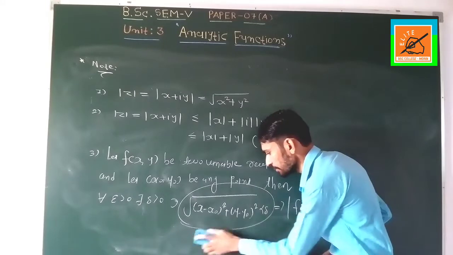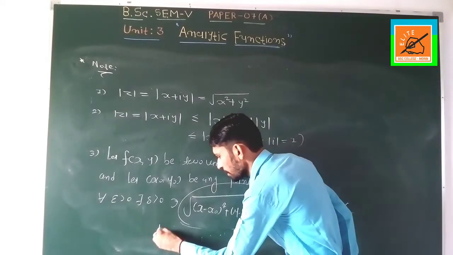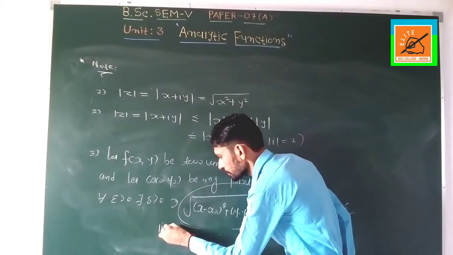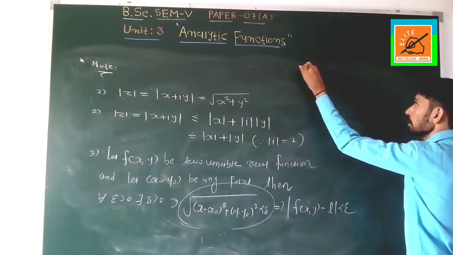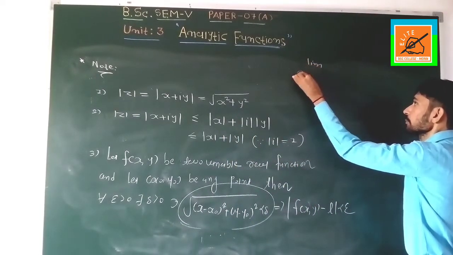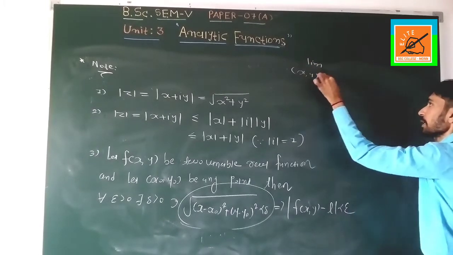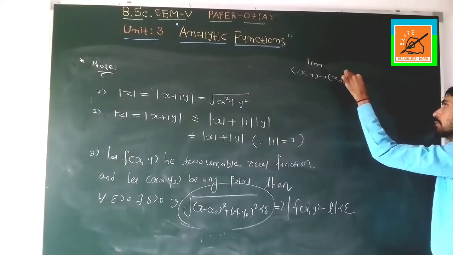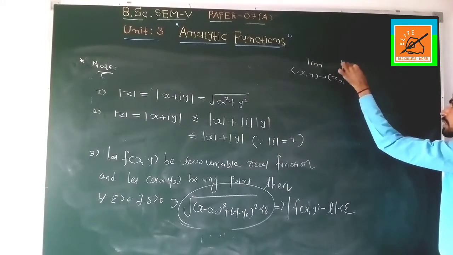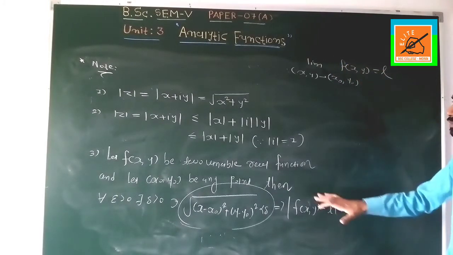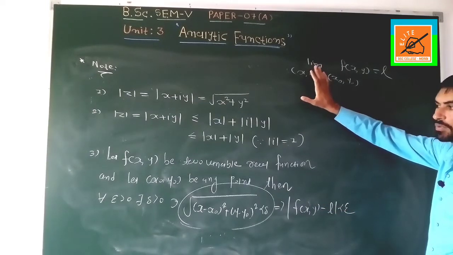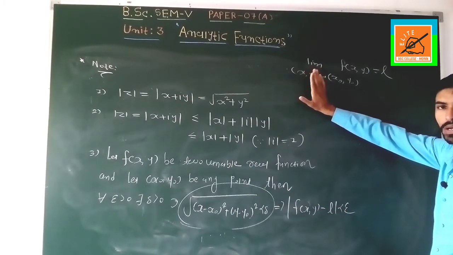It is denoted by limit (x,y) tends to (x0,y0) of f of xy is equal to L. So in this way, the limit of the two variable function is defined.